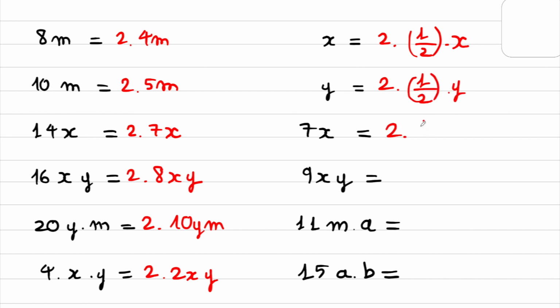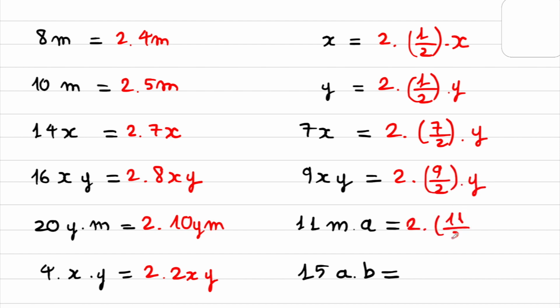Here is 2, 7 over 2 here, and about 9, it means take 2 outside, 9 over 2 multiply with y, 2, 11 divided by 2 multiply with m and a, and 2 outside, 15 over 2 multiply with a times b. Okay, so after this technique, in the next video we will apply this to figure out completing the square.